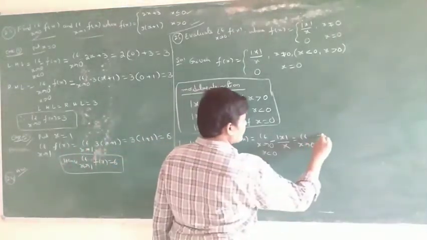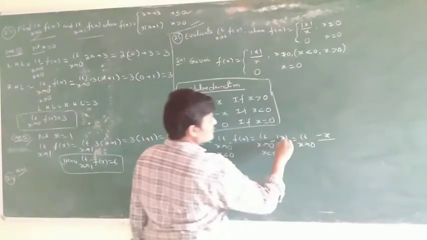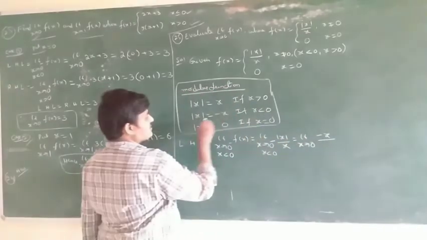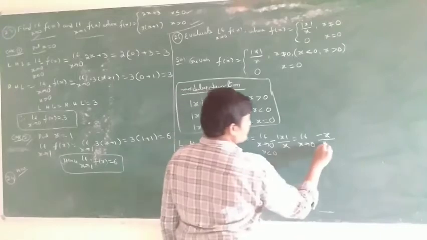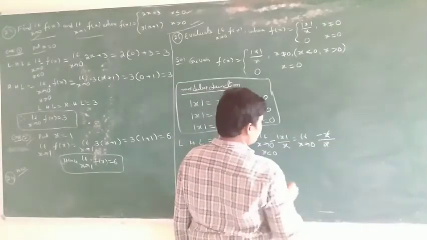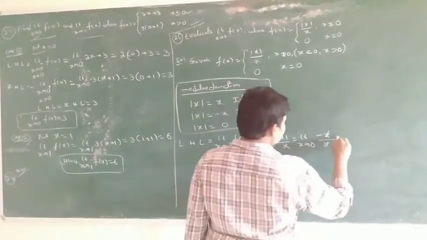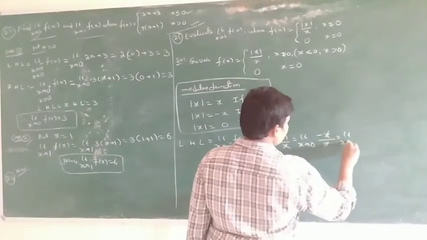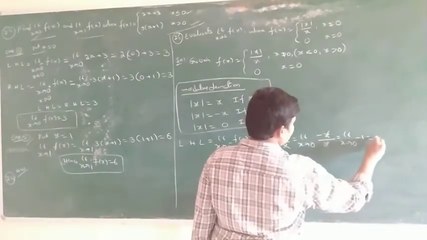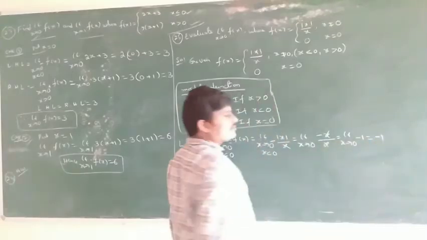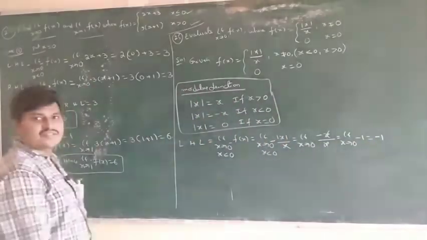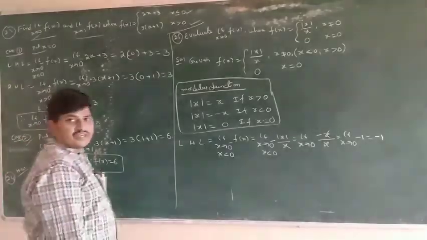So limit x tends to 0, mod x is equal to minus x when x less than 0, divided by x. X cancels. So that is equal to limit x tends to 0 minus, minus 1. Limit of a constant is equal to the constant. Limit of any constant is equal to the constant.